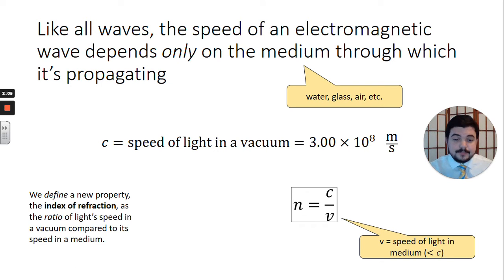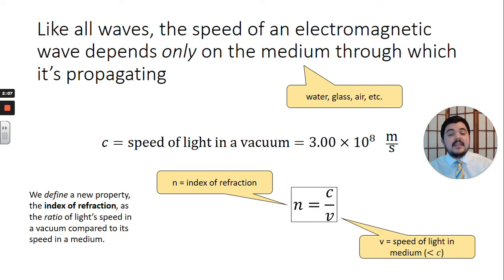It's never faster. n is this new quantity, index of refraction. And so there we have it. That's our definition. Since the speed of light is always fastest in a vacuum, that means the denominator v is always smaller than the numerator c, and our indices of refraction will always be greater than or equal to 1.